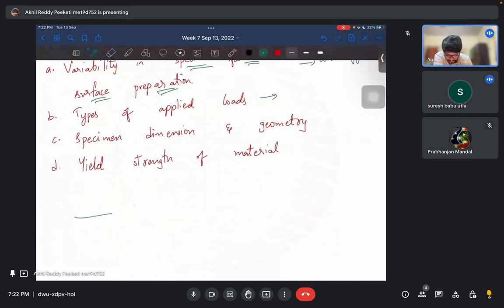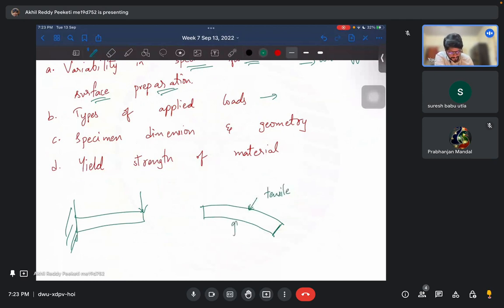Let's take something like this and you are bending it. Because of the bend, it has taken this shape. Here at this surface it is in tension, and here it is in compression. So here the load is changing across the cross section.